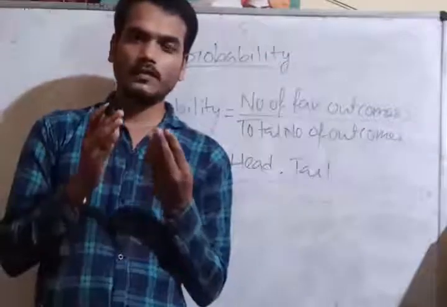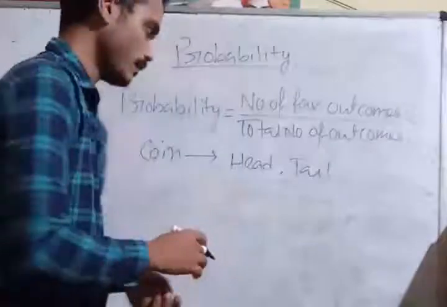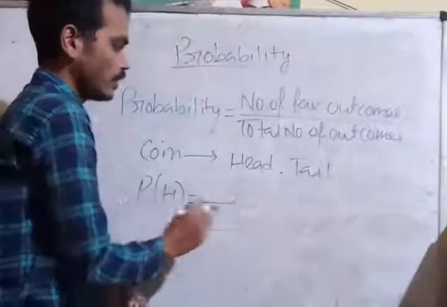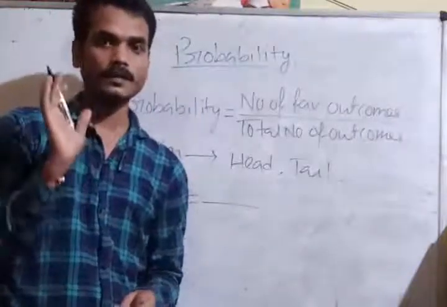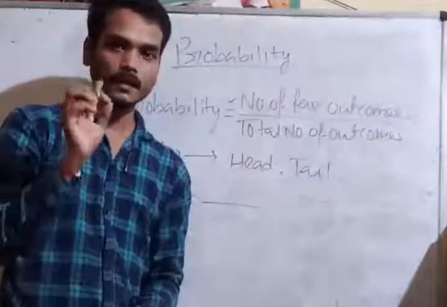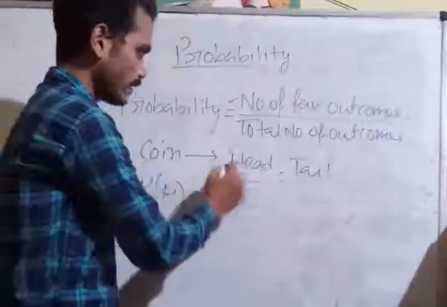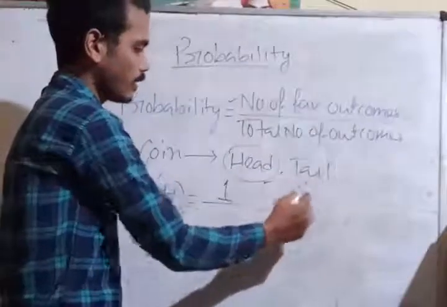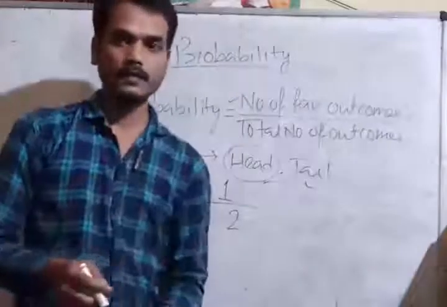If I have to find the probability that only head will occur, then the probability of head will be: in favor of head, how many are there? That is the number of favorable outcomes. In favor of head, only one head is there, so this is 1. Total number of outcomes, how many are there? 1 and 2, so this is 2. That is the way we can find the probability.